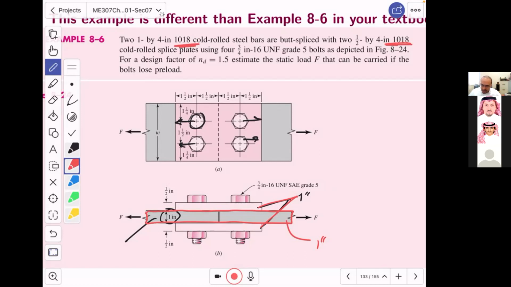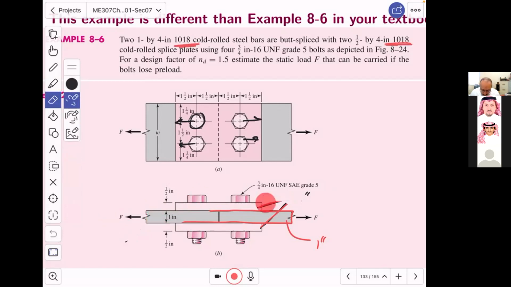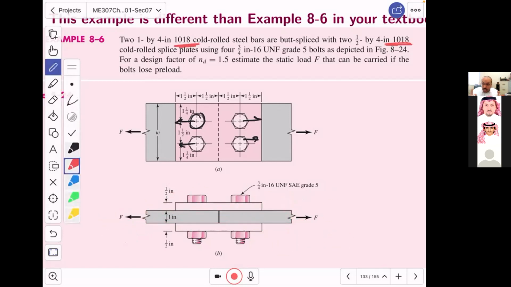Now, if this is the case, then what are we going to do? We are going to blindly think about the gray one. Okay, and look, the gray one, if you look at this one is separated from here. Look, it's one piece by itself. So the gray one is actually like this, with a thickness of 1 inch, okay, a width of 4 inches, and there are 2 bolts.